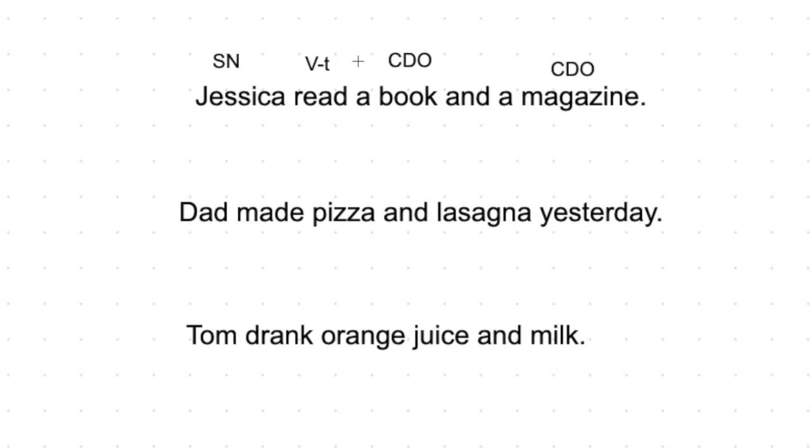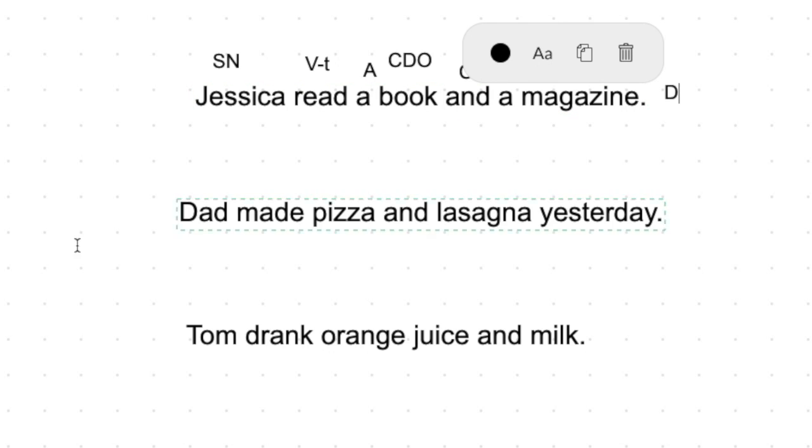The word a, of course, is an article adjective. The other a, of course, is an article adjective. The word and is a conjunction, so we label that C. This sentence has a period at the end. It's a statement, so it's a declarative sentence.